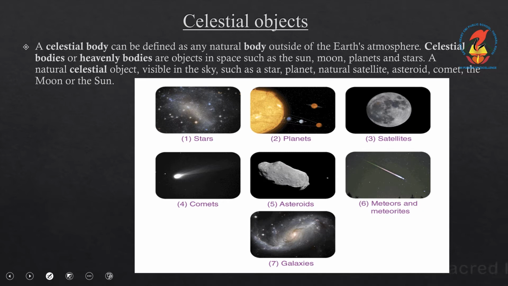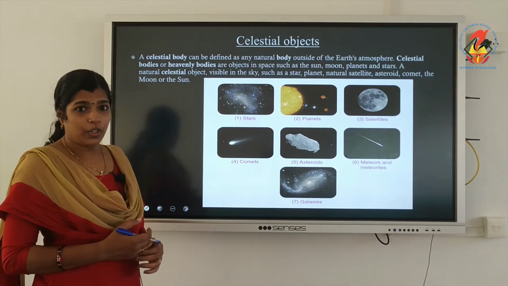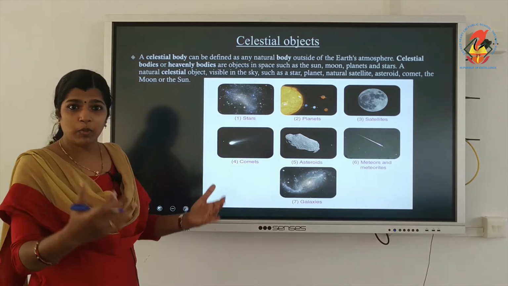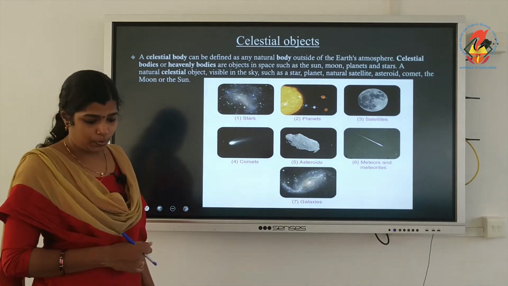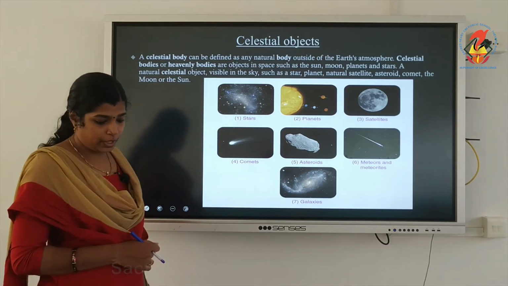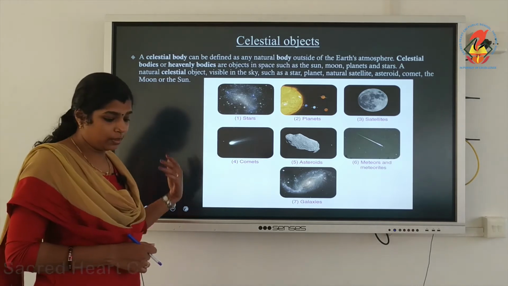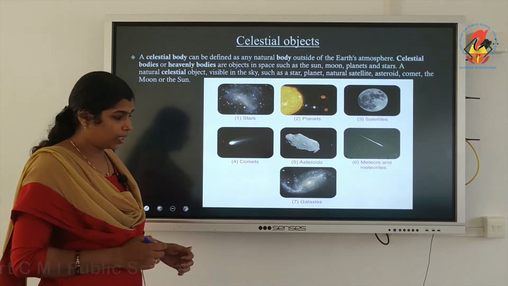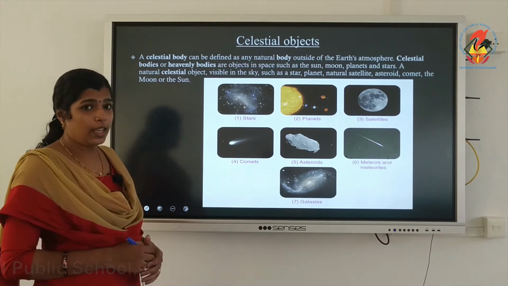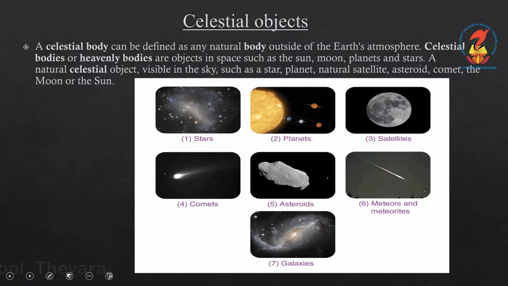So any natural object outside the Earth's atmosphere can be defined as a celestial object. The stars, the planets, the moon and other objects in the sky are called celestial objects.